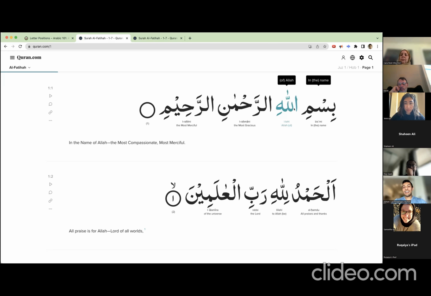The word Allah is often considered linguistically as a contraction of the word alif lam, which is in Arabic the definite article, al. That means the. So the house, al bayt, the book, al kitab.